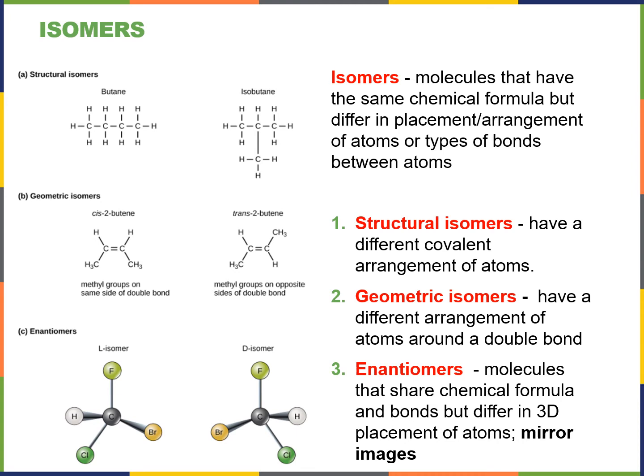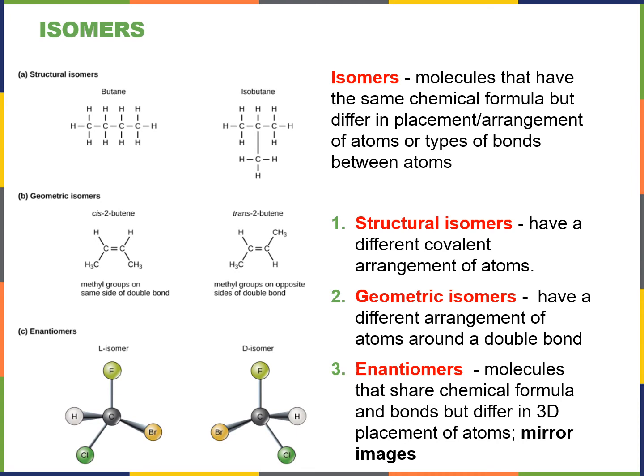Structural, as we see up here. Straight chain with a carbon off of it. Butane, isobutane. Completely different chemicals. Completely different compounds. Or it could be geometric. You have the flat plane of a carbon-carbon double bond.